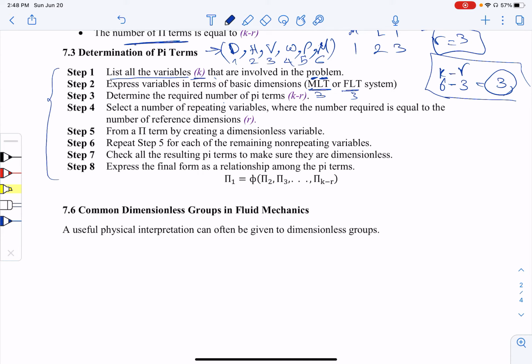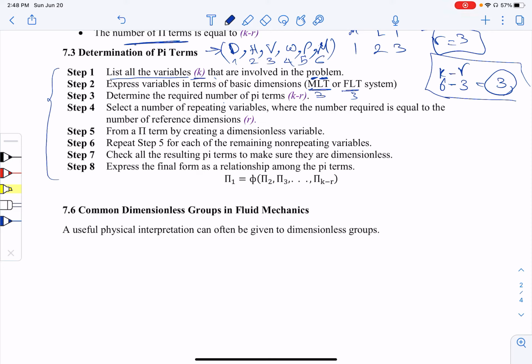Then after that, we need to select the repeating variables for our solution. The number of repeating variables should be equal to the number of the basic dimensions, which in our case is MLT, right?